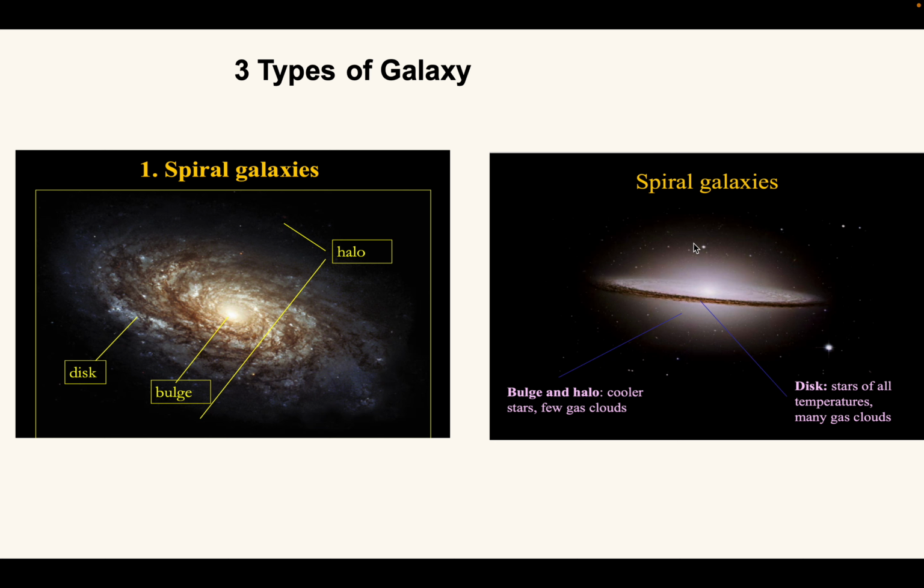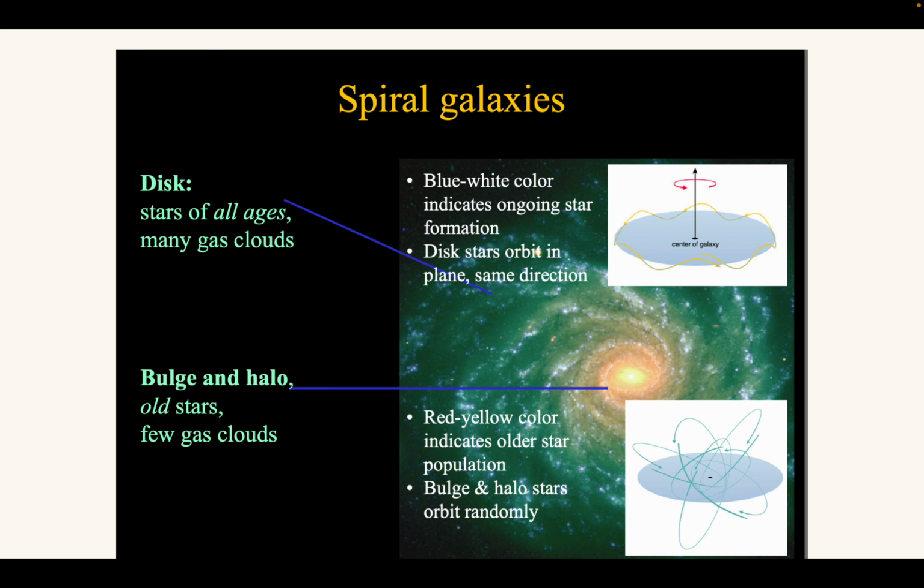Whereas the bulge or halo has very few stars or gas clouds, and the bulge contains red, older stars in the spiral galaxy.